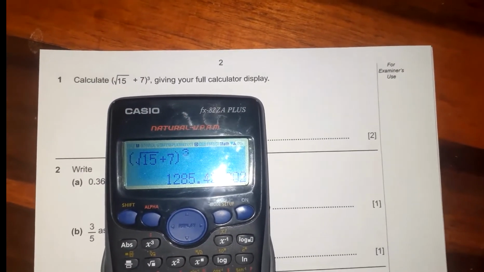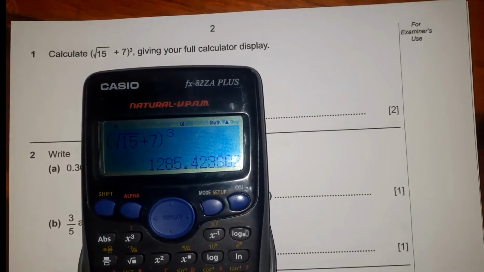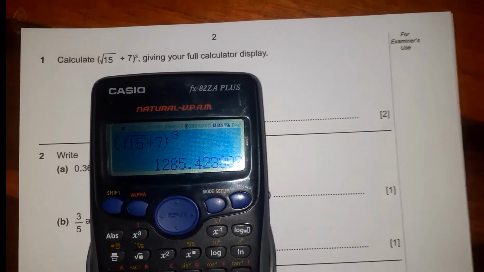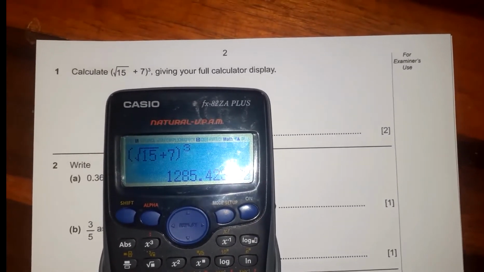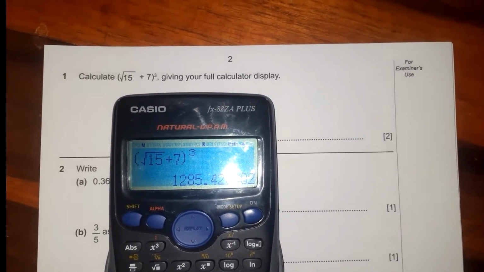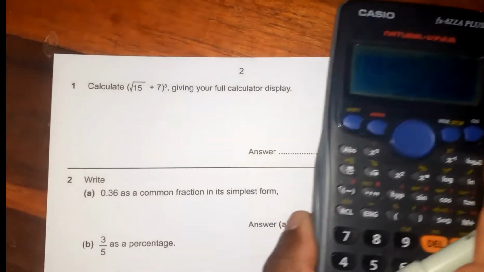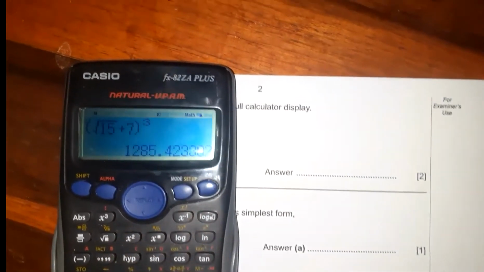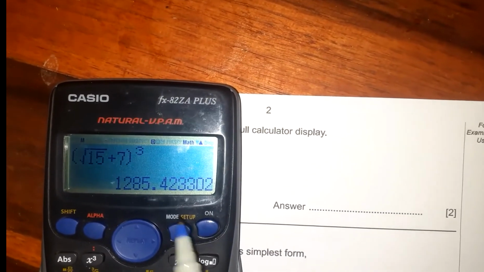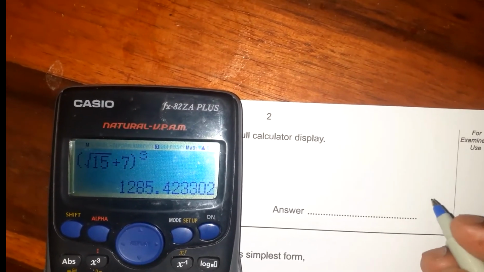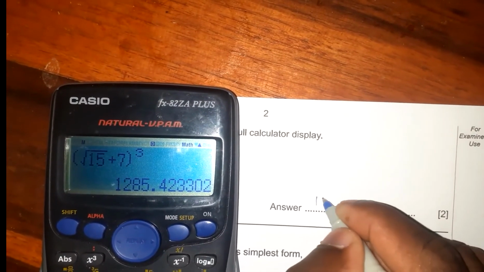equal, and that is what I need to write down, all the numbers that are appearing there, because the question says full calculator display, all the numbers that are appearing on the calculator, and you write this number where the space is provided.